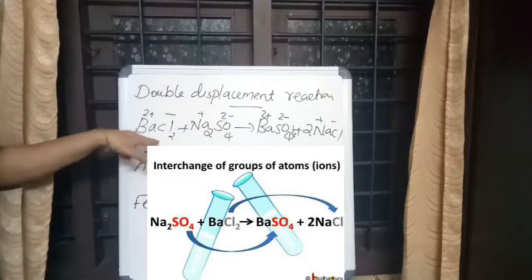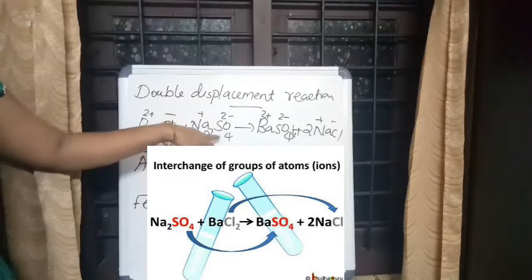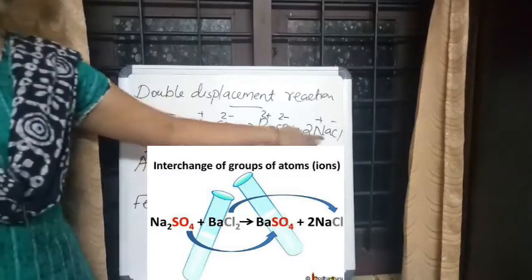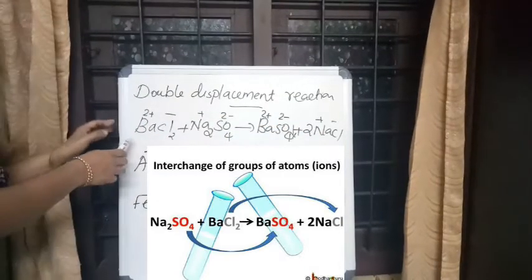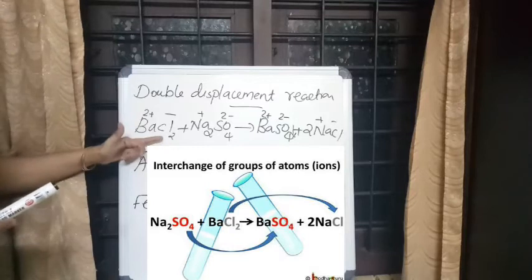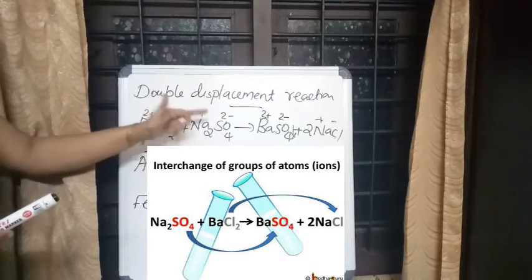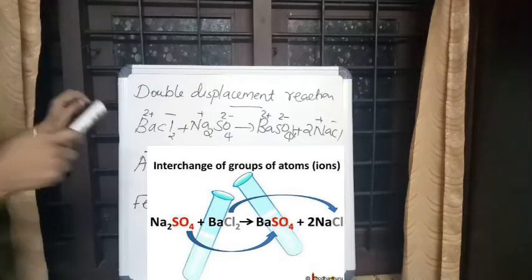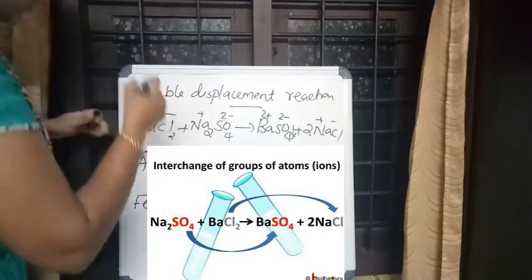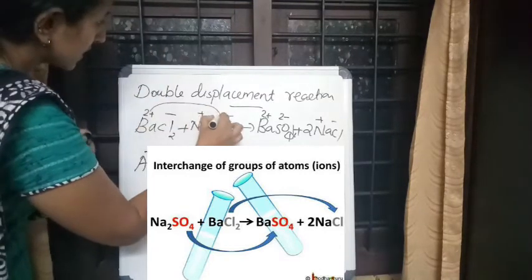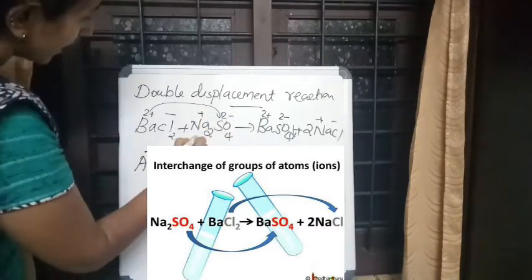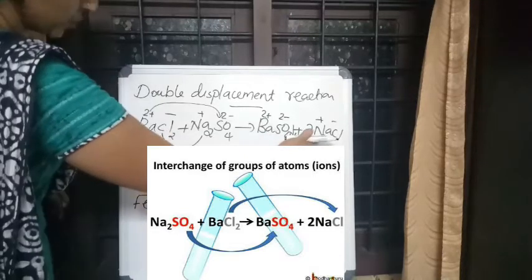BaCl2 is barium chloride and Na2SO4 is sodium sulfate, which gives barium sulfate plus NaCl, and you can see the dissociation here: Ba2+, Cl-, and Na+, SO4 2-. So, opposite charges attract. So, here barium joins with the SO4 2- and forms barium sulfate, and Na and Cl together form NaCl.